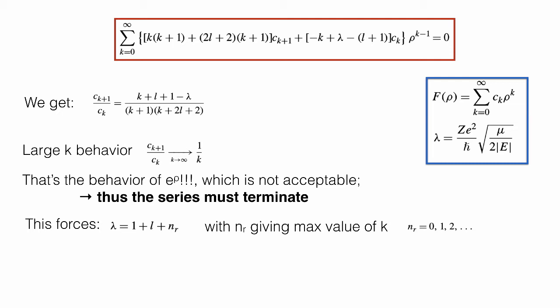That means that, if you remember the definition of lambda, written in the blue box, it's some constant, Z, e, h bar squared, and mu, and the value of the energy. So the fact that lambda is an integer and can only vary by integer values imposes E to be quantized. E can only take some values. So this is the origin of why the hydrogen atom has very well-defined quantized energy states.